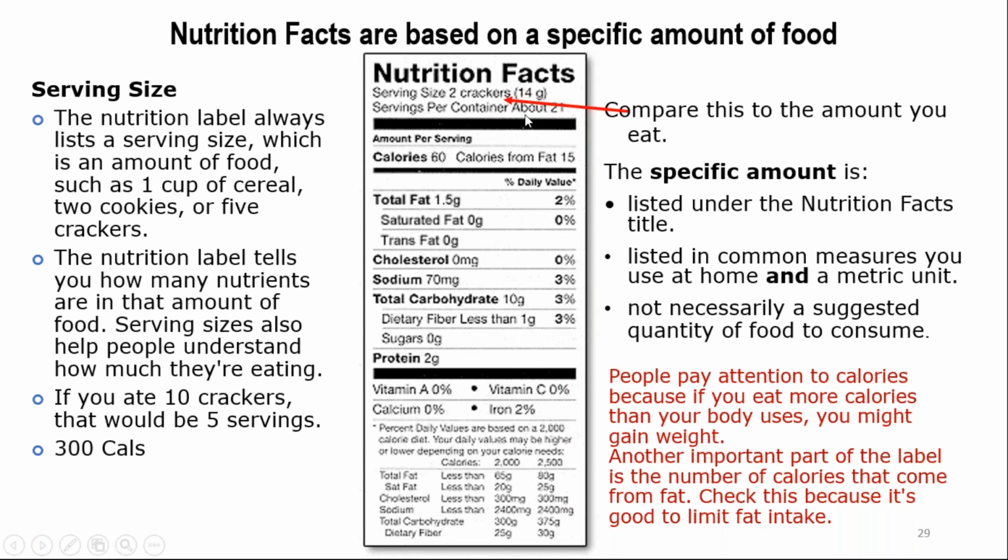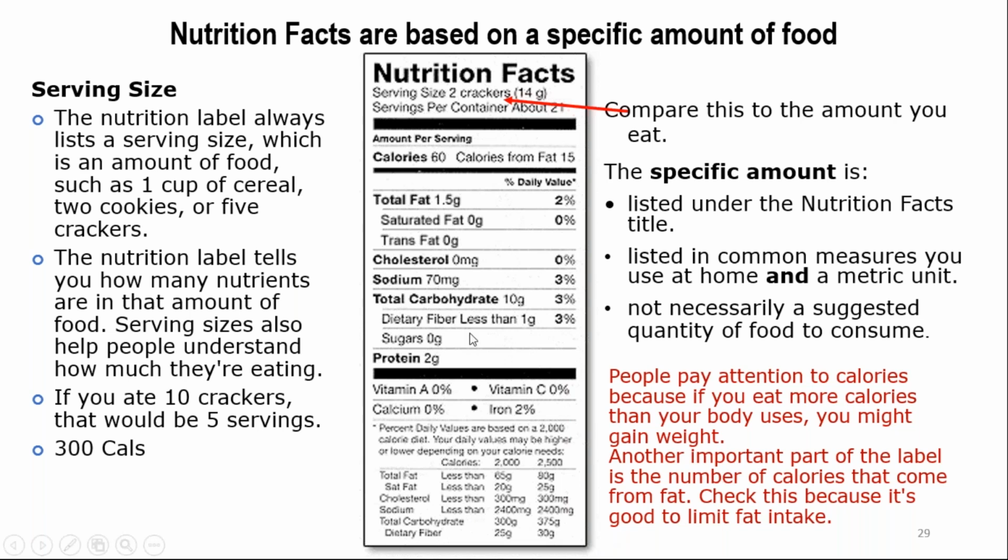But the serving given here is not necessarily what you should eat. People generally pay attention to calories, because if you eat more and you don't burn it, then you are sure of putting on excess weight.